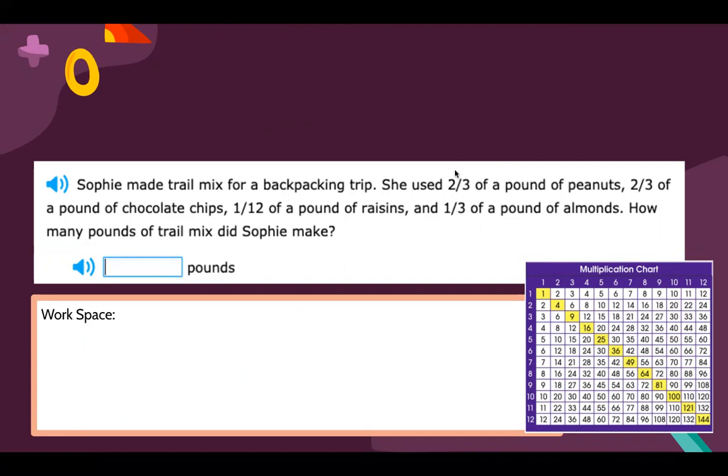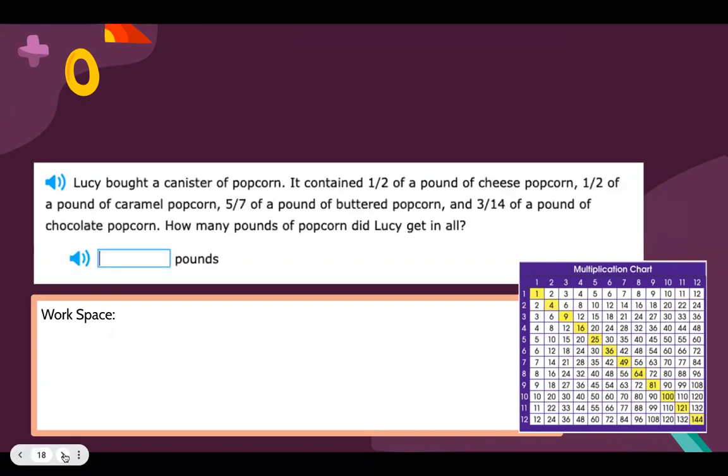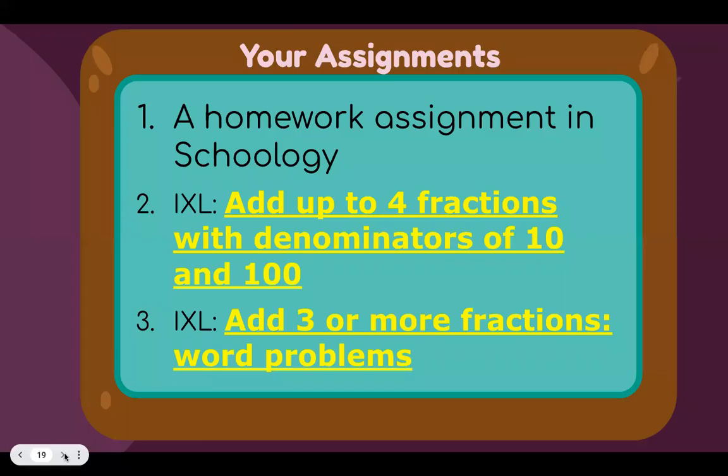Okay, so that would change this to 8/12, that would change this to 8/12, and that would change this to 4/12. So you'd add 8/12 plus 8/12 plus 4/12 plus 1/12. Guarantee you're going to end up with an improper fraction. And then you're going to need to divide it out so you can make it into a mixed number and simplify if necessary. Okay, another example, and here's our lesson.